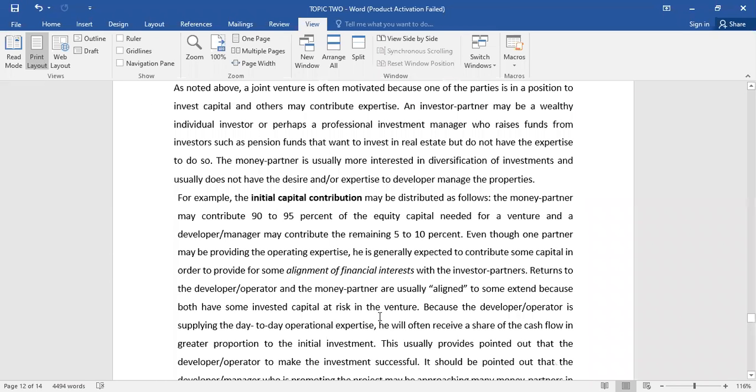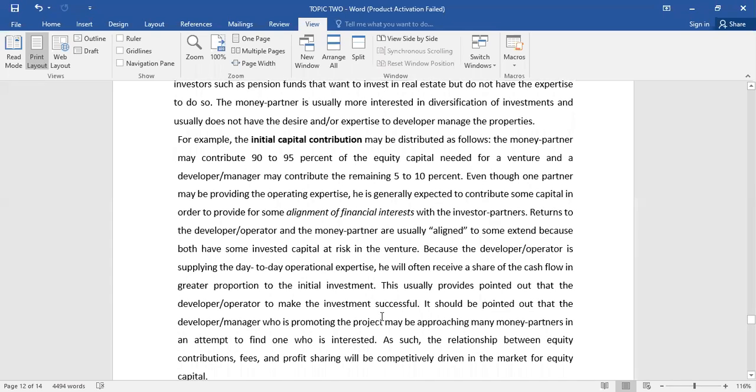So returns to the developer and the money partner will be aligned to some extent, because both have some invested capital at risk if the venture loses. The developer or the operator is applying the day-to-day operational expertise, whereas the money partner gave the initial investment. It should be pointed out that the developer or the operator makes the investment successful. That's why we are asking them to encumber some initial amount.